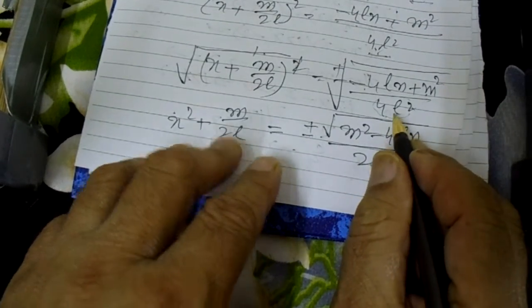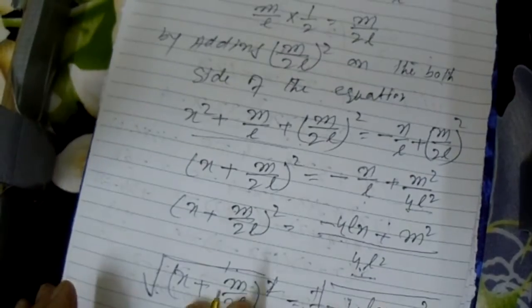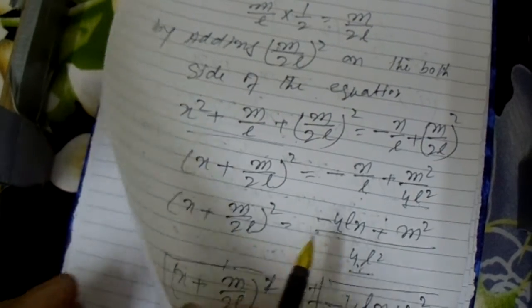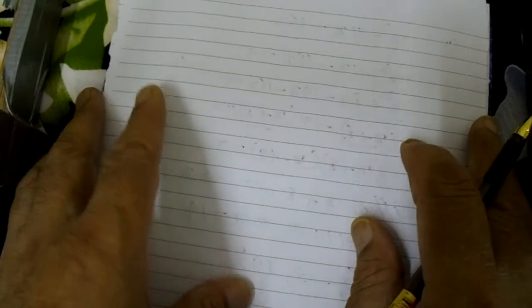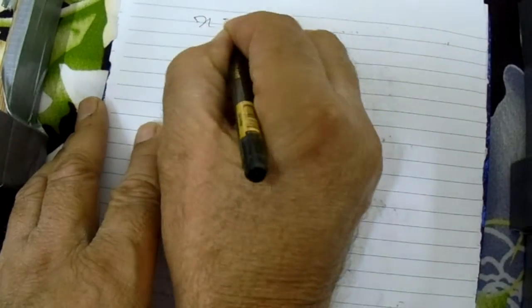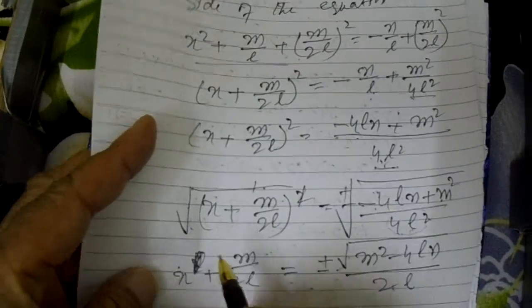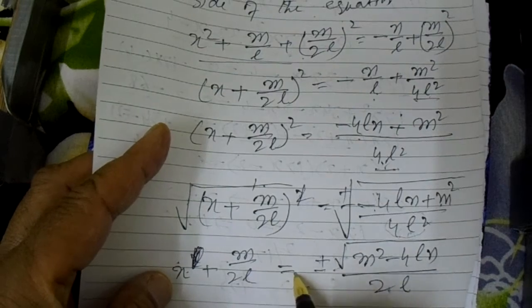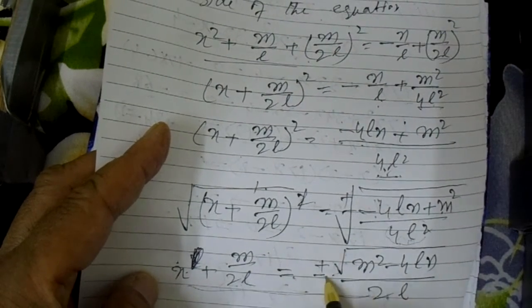Now the square root of 4L square is 2L. Now we go on the next page and write this step again.